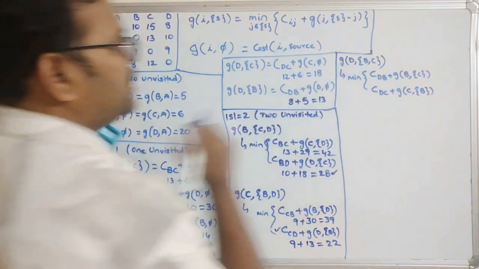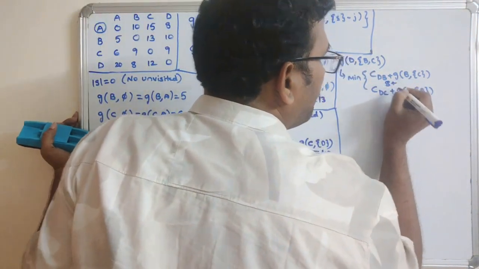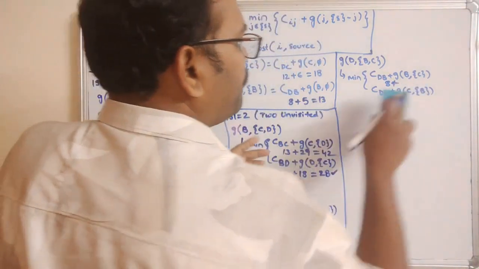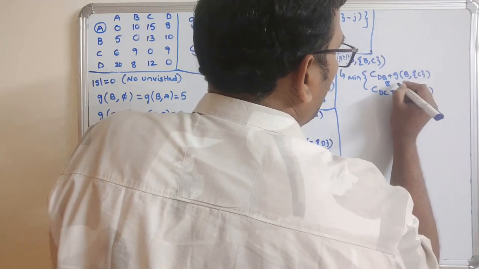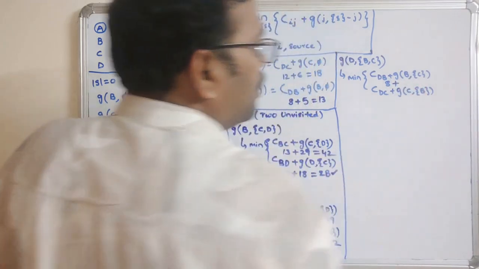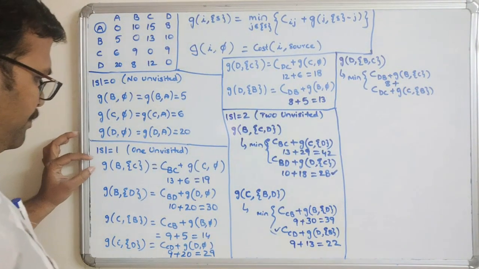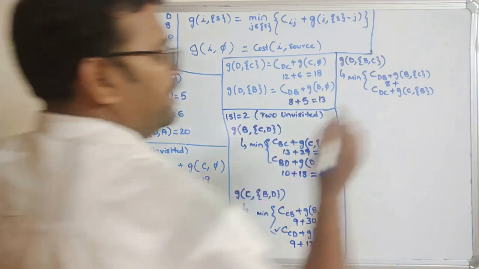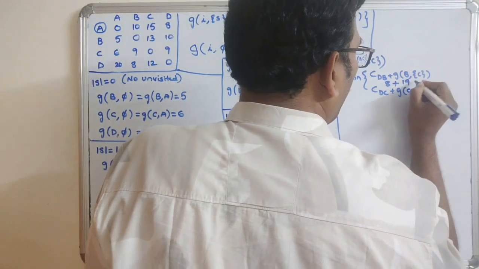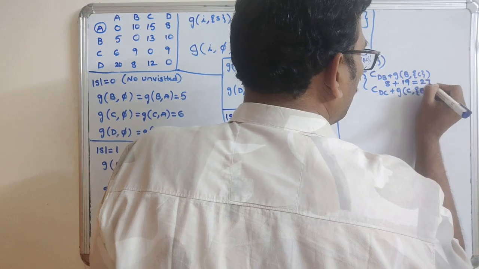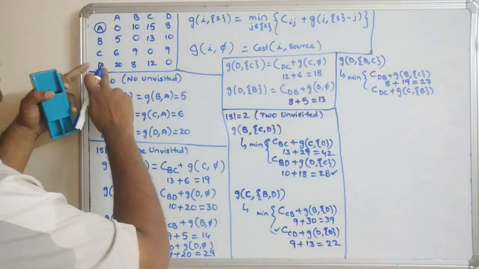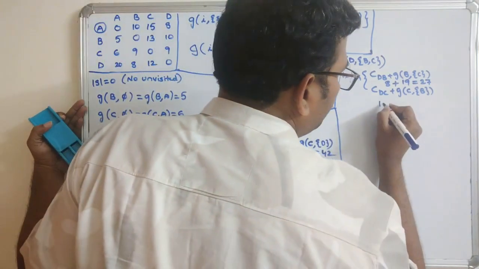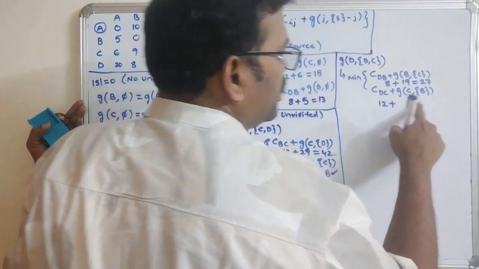DB, which is 8, plus G of B comma C, which is 19, so 27. And what about this cost? DC, D to C, is 12 plus G of C comma B.